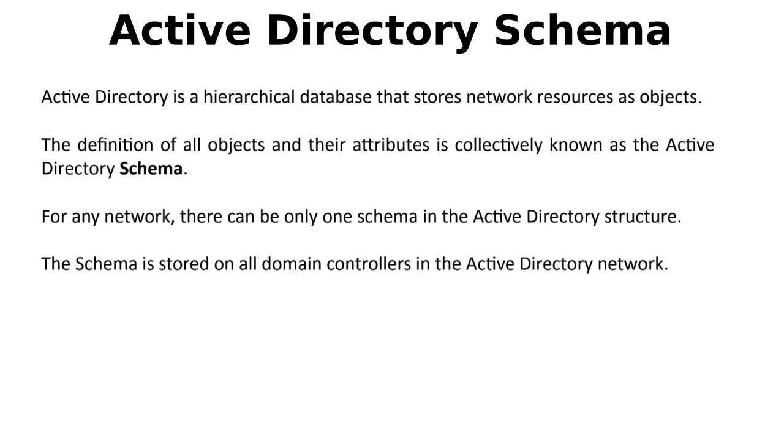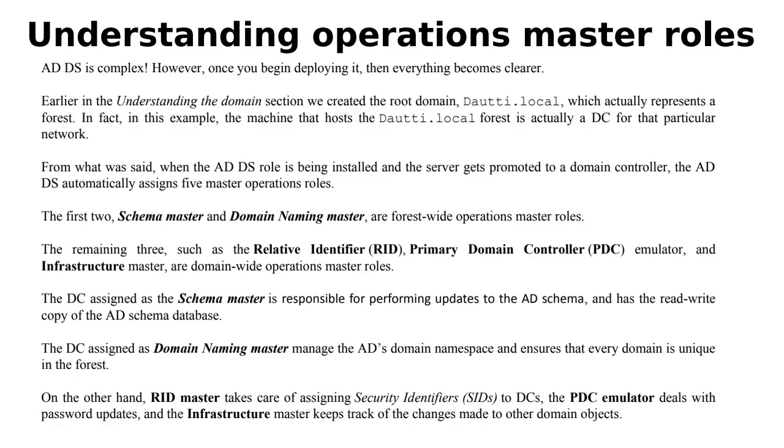For any network, there can be only one schema in the Active Directory structure. The schema is stored on all domain controllers in the Active Directory network. So if we ask you what you know about schema, you need to mention all this. Any questions?